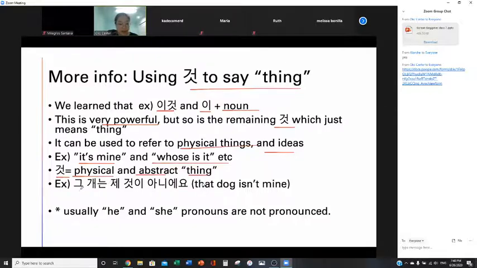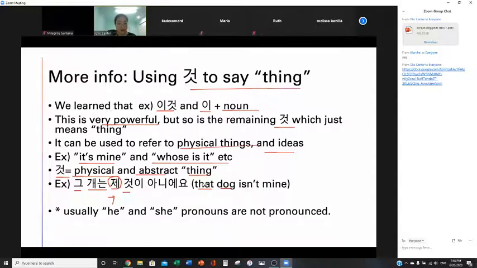For example, right here: 그 개는 제 것이 아니에요. 그 is "that," 개 is dog, and remember 제 is 저의, which means "my." 저의 is shortened to 제. 것 is "thing," so "my thing."